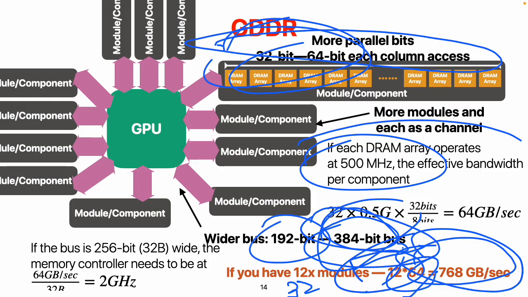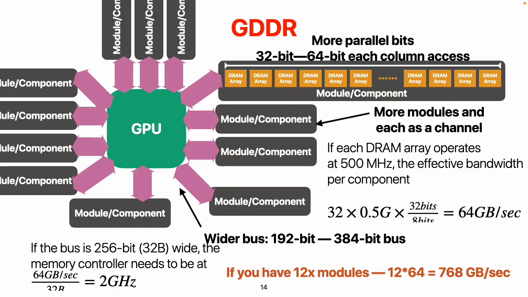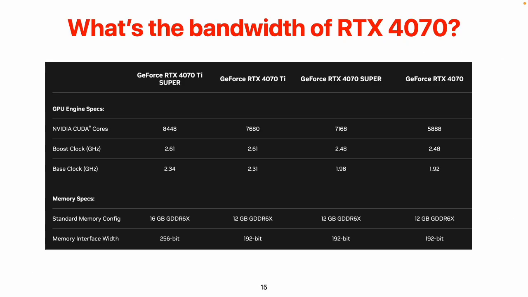So reading data from the device memory of your GPU to your SM is actually a very, very slow process. That's why if you really want to optimize your GPU code, you have to figure out how to fully leverage your L2 cache, L1 cache, or even shared memory. Here are some of the bandwidths of the GPUs, like a 4070.